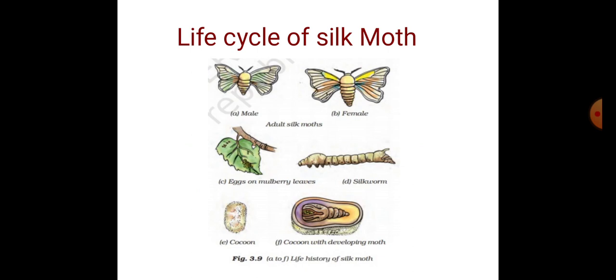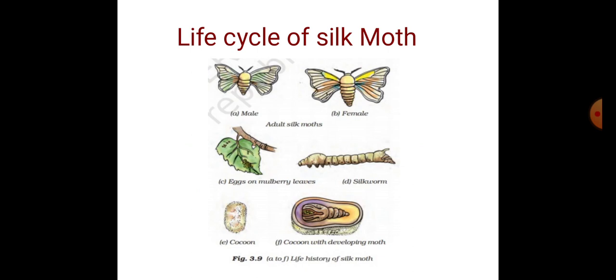Students, before we discuss the process of obtaining silk, let us study the life cycle of the silk moth. As we know the rearing of sheep, we have to also learn the life cycle of silk moth.